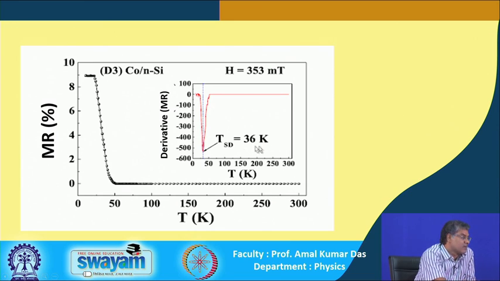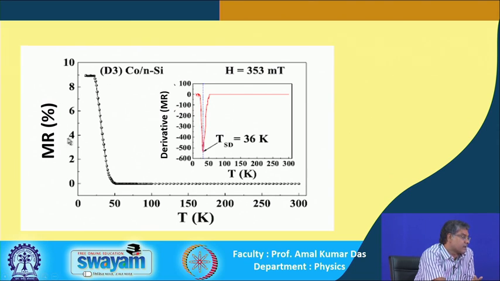But from this graph, the accuracy will not be as good as what you find from this derivative. Here the uncertainty will be more, and here it very precisely tells exactly which temperature is the inflection point, and that is the transition temperature.